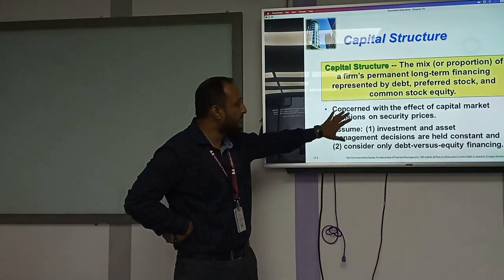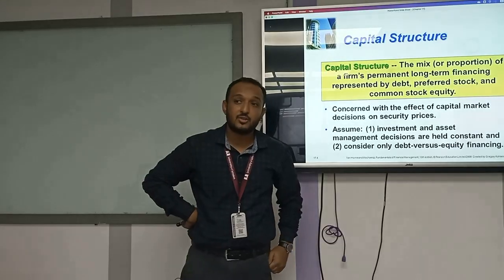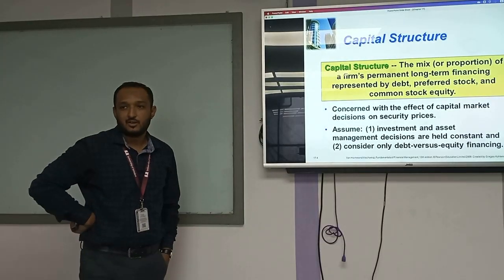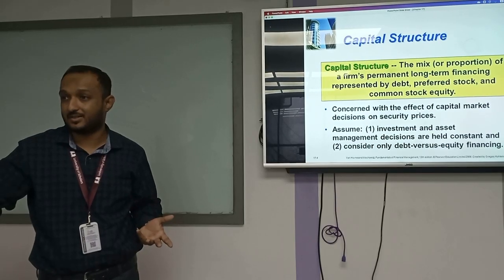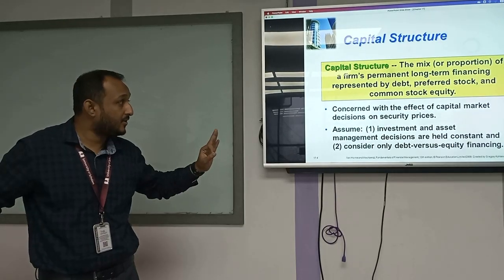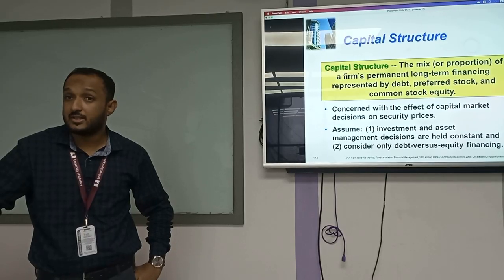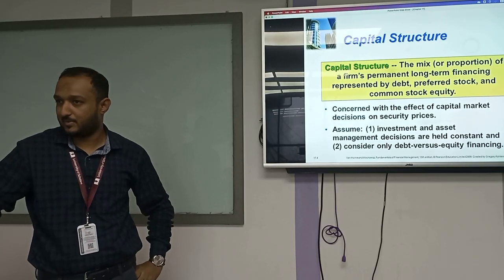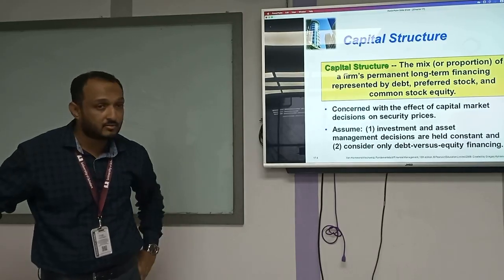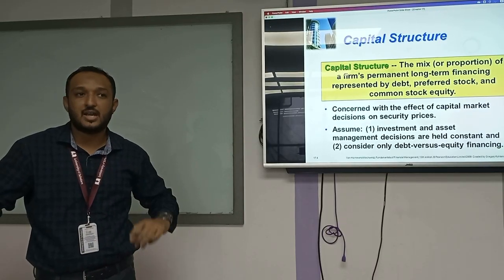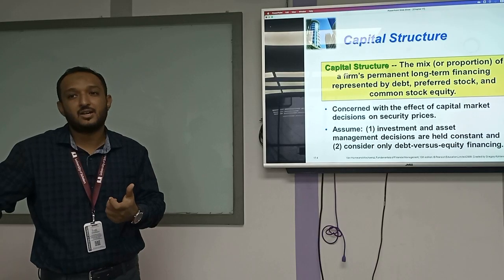But common stock equity holders might not get any dividend at the end of the year. Why? Because the whole amount can be reinvested in the business. So there is no guarantee for the common stock equity holders that they will surely get a dividend at the end of the year. But for the preferred stock equity holders, there is a guarantee that at a predetermined rate, they will get a dividend.